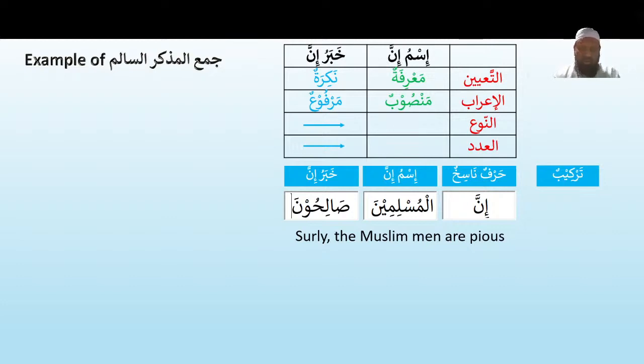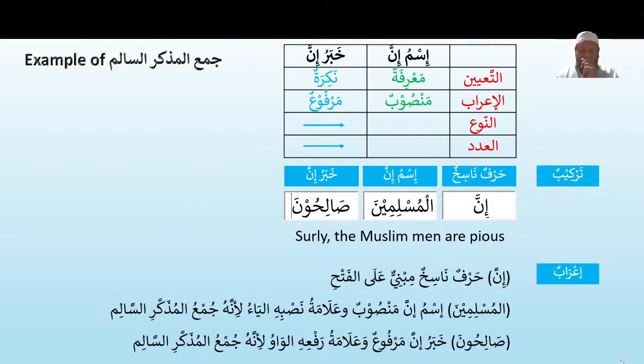Translation: surely the Muslim men are pious. Look at the اعراب. إن حرف ناسخ مبني على الفتح، المسلمين اسم إن منصوب. Now because it's جمع مذكر سالم وعلامة نصبه الياء. So this is the ya, the sign of نصب.